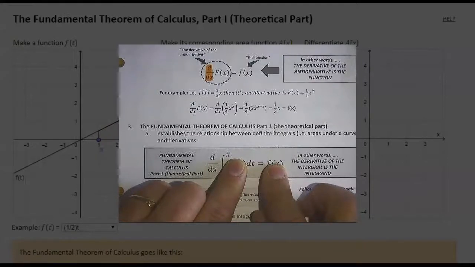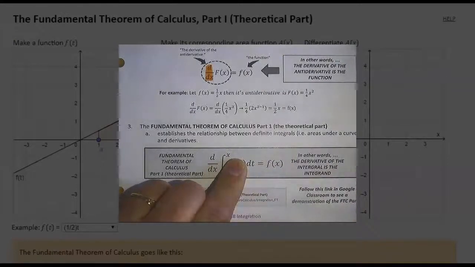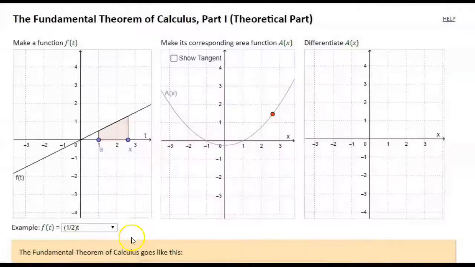All right, now, if you open up that applet, I think it was the second one, and it looks like this. This is showing you that relationship right here, okay? So let me explain to you what you got.